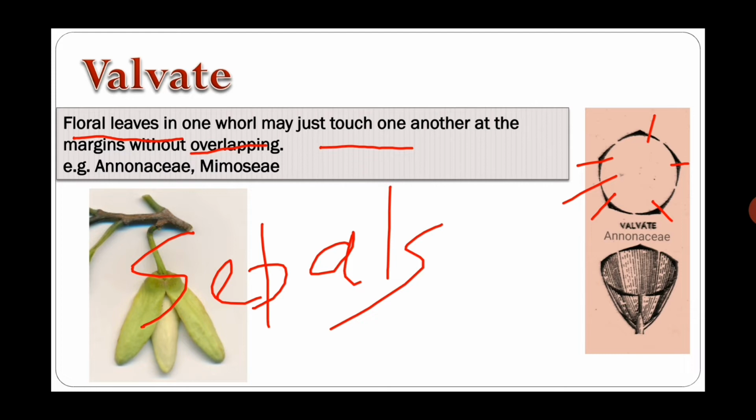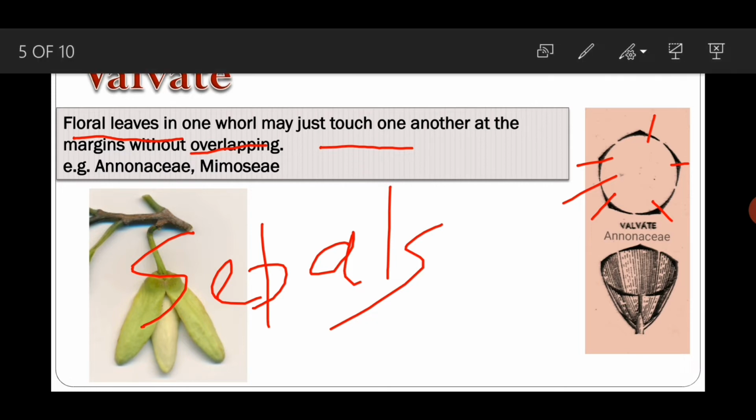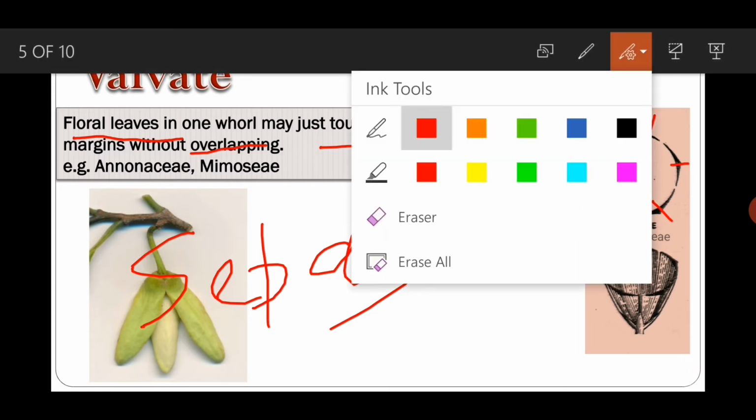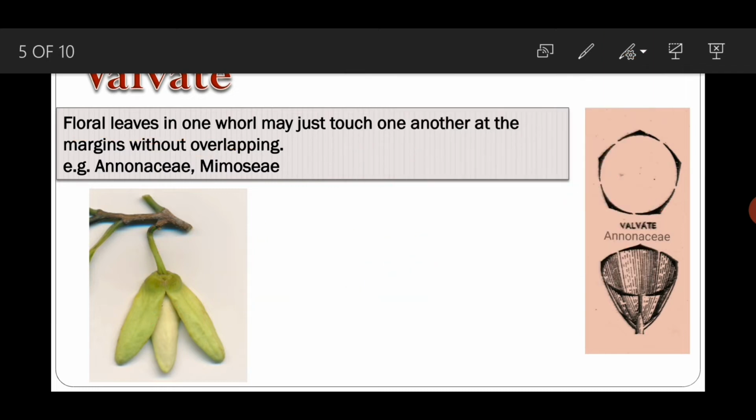In the first picture you can see the plant Annona squamosa, that is Annonaceae. Here you can see that margins are only touching each other, that is called valvate estivation.